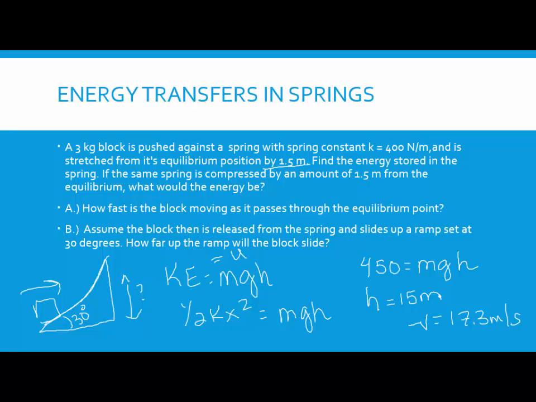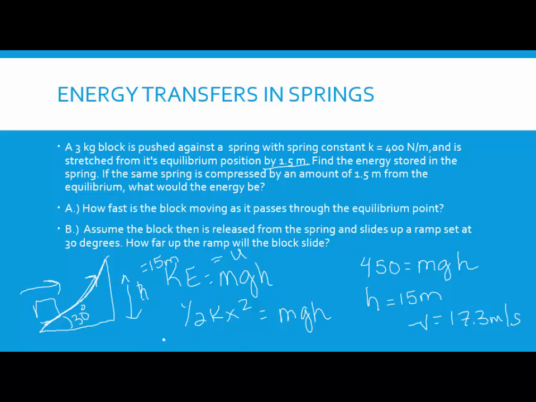Now, that's going to be the height of the ramp here. If we want to know how far the block makes it along the ramp, we would just have to do a small bit of trig, right?